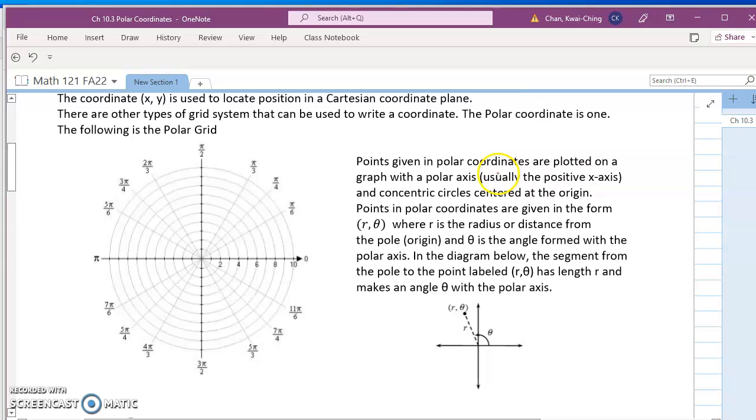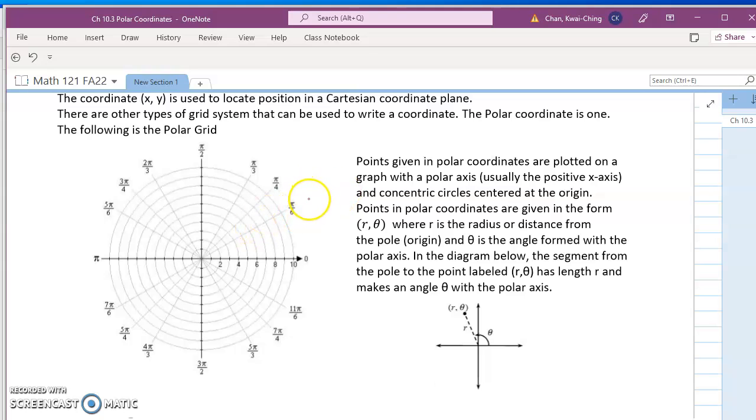The new coordinate system we want to introduce is called the polar coordinate system. The reason is that for certain graphs and certain functions, it is easier to write the equation or plot them using polar coordinates, particularly a graph that involves a trig function.